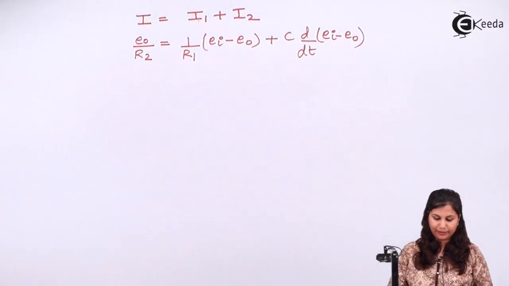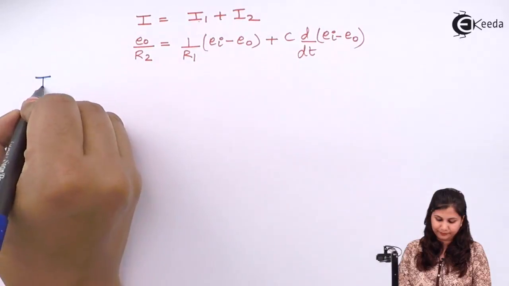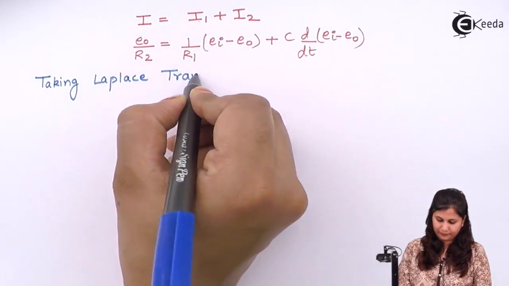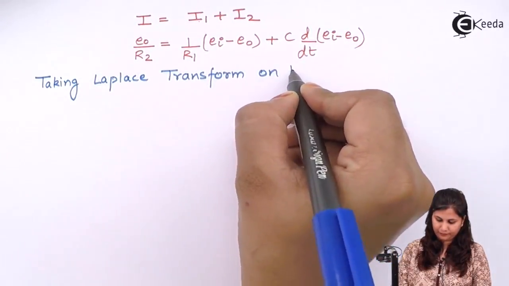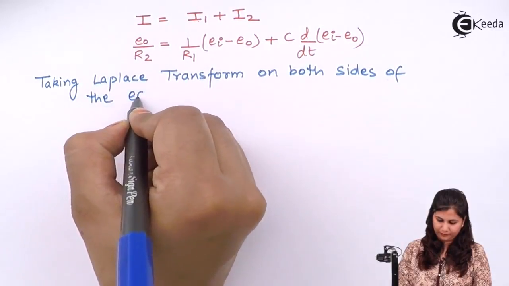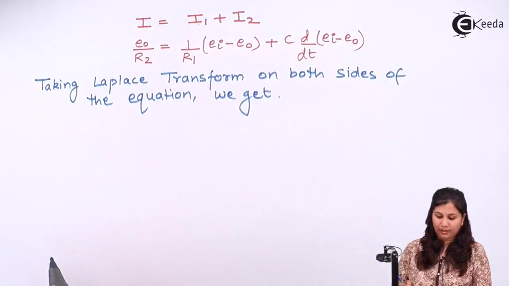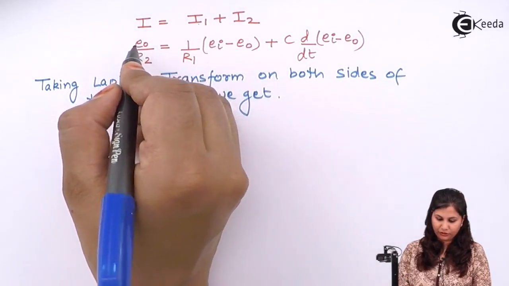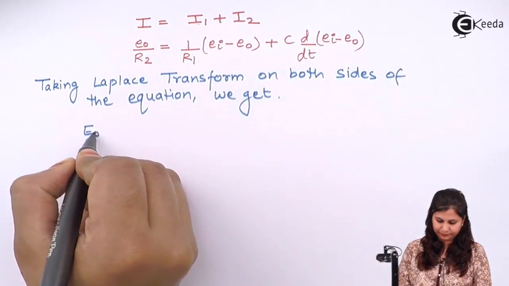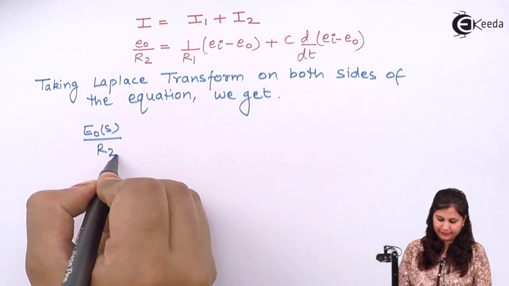Now taking the Laplace transform on both sides of this equation, we get: the Laplace transform of E0 is E0(S), and 1 upon R2 is as it is.